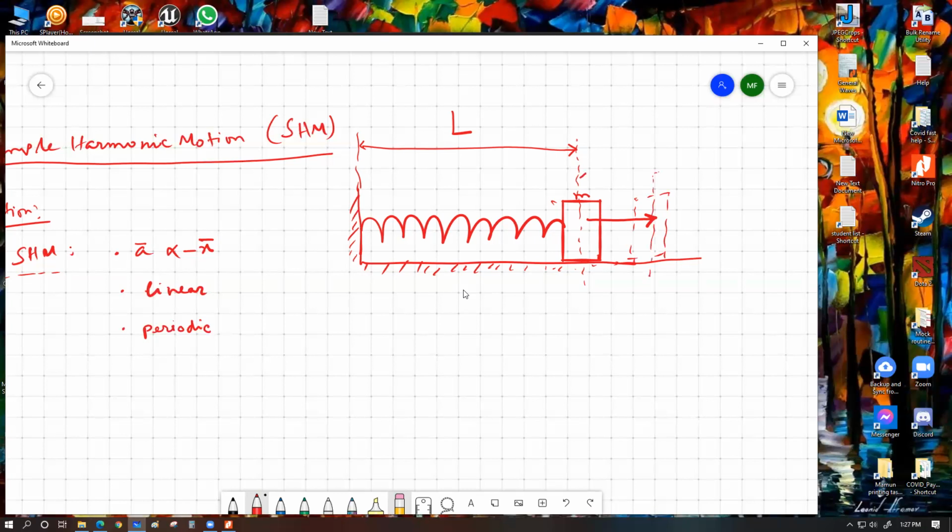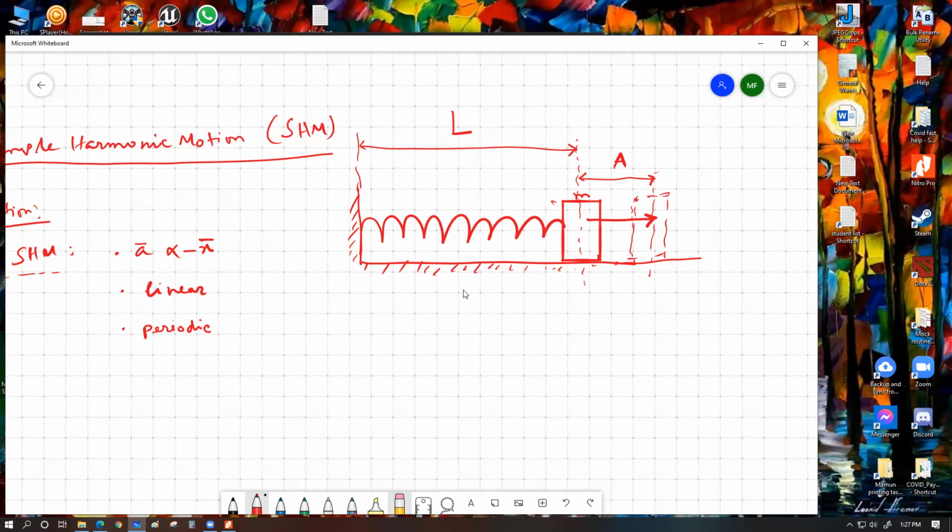Let's say this much distance I can write as A, because this will be our amplitude later on. So this is the A amount of movement that we did to begin with.